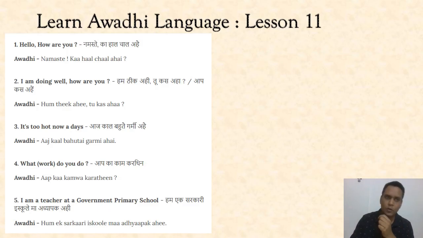Tu is you, kas is how, aha is are. How are you? Tu kas aha. Another way of asking how's life is Namaste, ka hal chal hai. It means what is going on, how is life. So both these sentences can be used. Ka hal chal hai and tu kas aha.